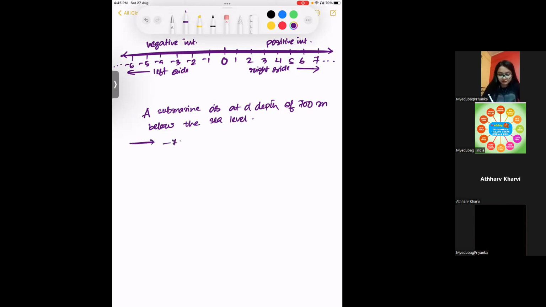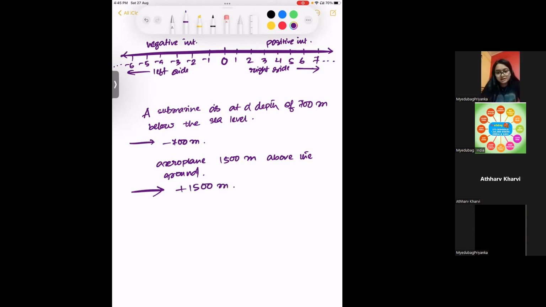If I tell you that an aeroplane is flying at a height of 1500 meter above the ground, it will be plus 1500 meter or 1500 meter.